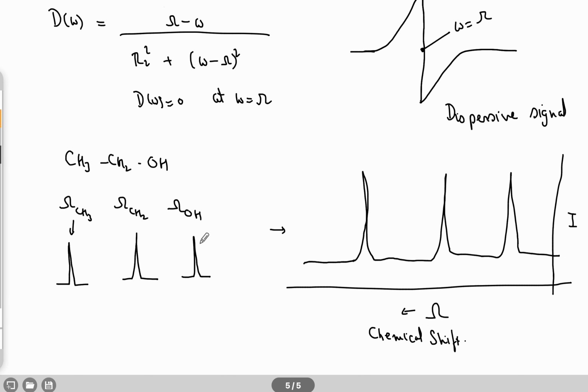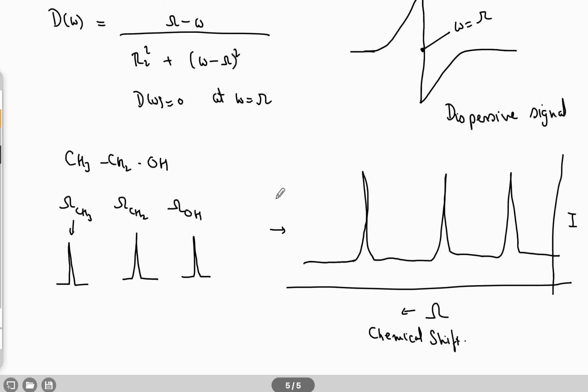Okay, so what we have learned is, using Bloch equations, we have seen how magnetization moves and relaxes back after the RF pulse is switched off, and the motion of the magnetization is explained by the Bloch equations.